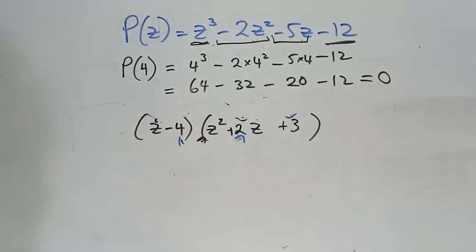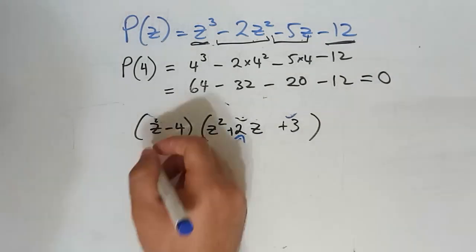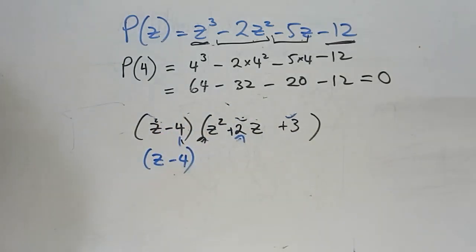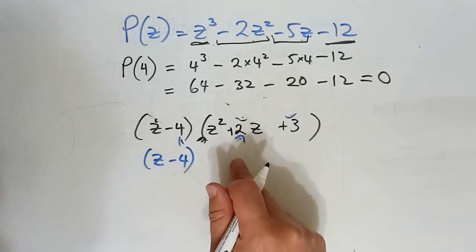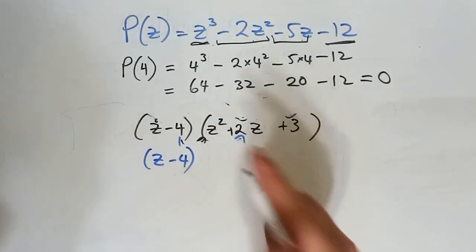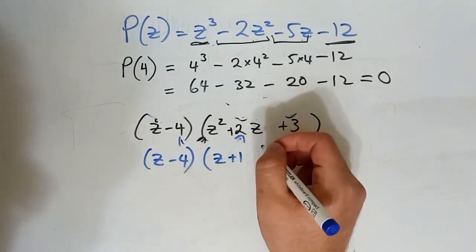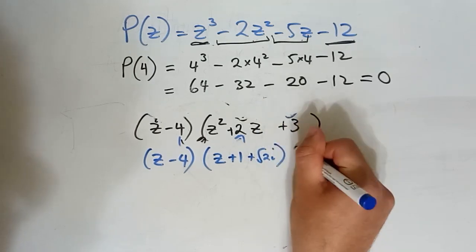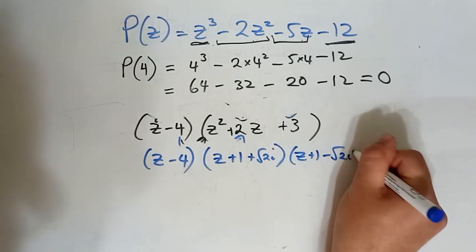We've got this quadratic factor, and here we've got the same one as we had before. So we know z minus 4 is a factor, and our solutions to this one were negative 1 plus or minus root 2i. So let's write that out in factor form first. z plus 1 plus root 2i, and z plus 1 minus root 2i.